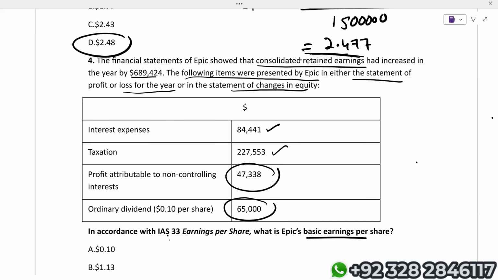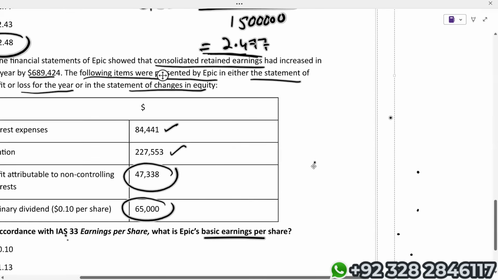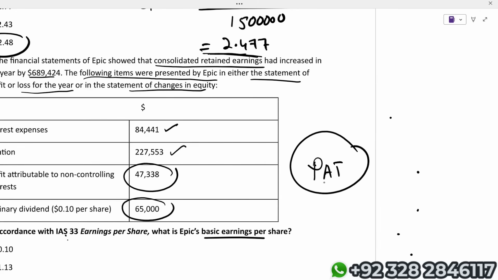And let me repeat again for you. If you have been given a consolidated profit after tax, then we deduct preference dividend and we also deduct NCI, non-controlling interest. Here the examiner has given us the group retained earnings, so you are not supposed to deduct the NCI value.